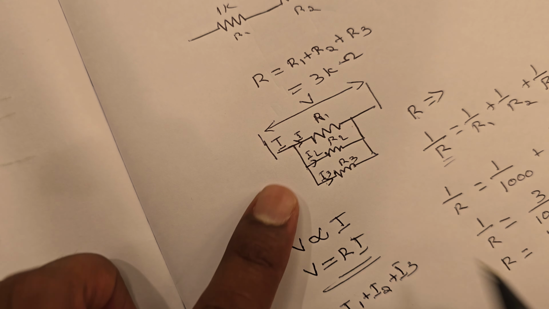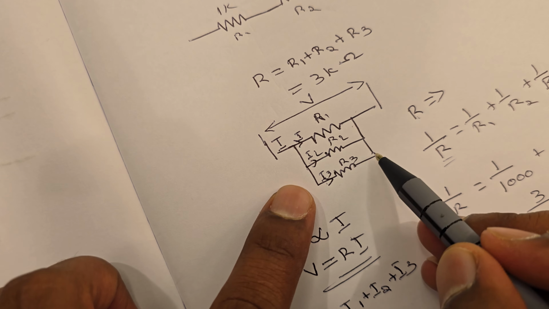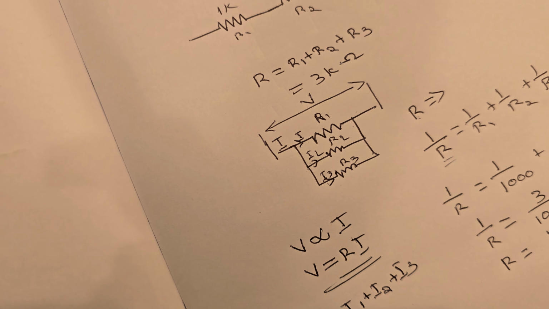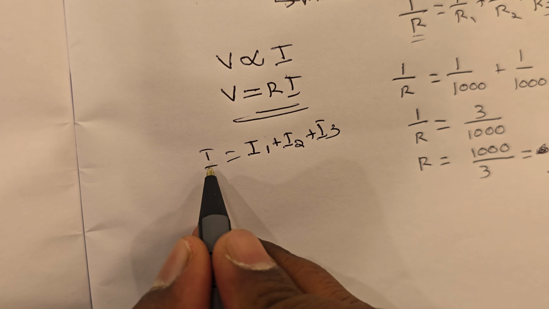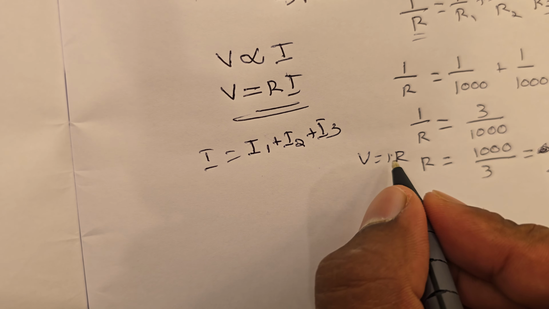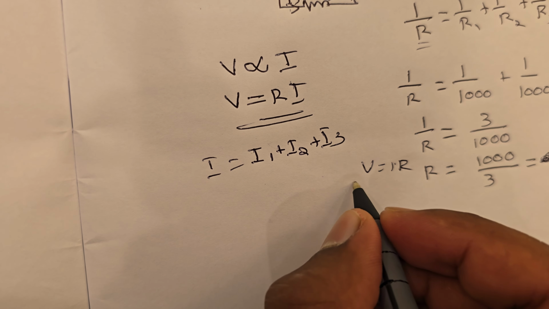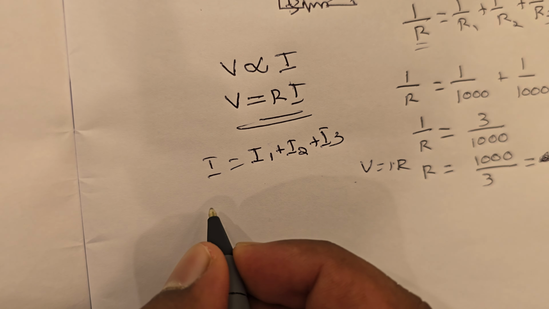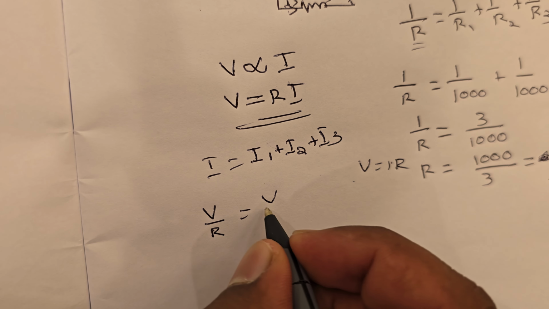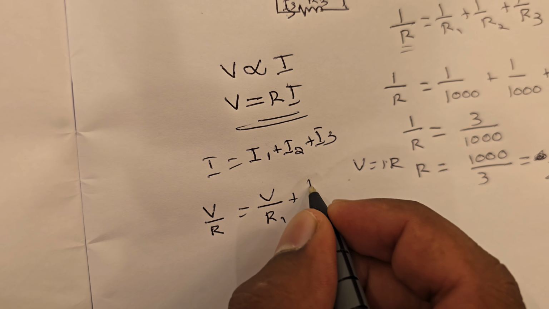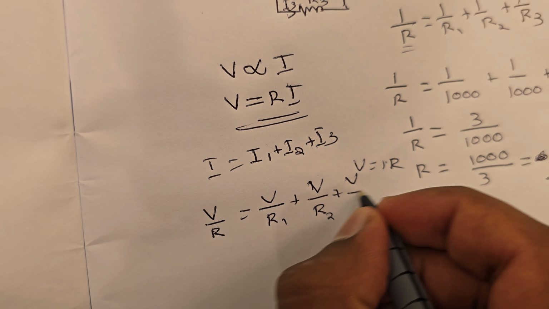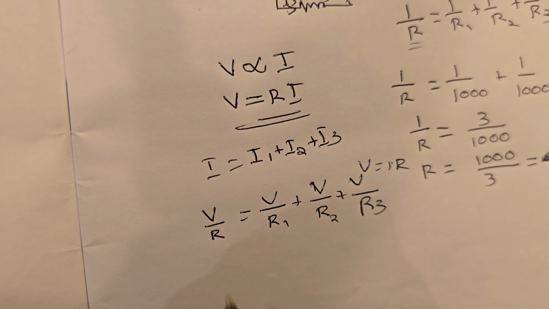But we know the voltage across each resistor is the same. From Ohm's law, V is equal to I R, which means I is equal to V divided by R. So I1 is equal to V divided by R1, I2 is equal to V divided by R2, and I3 is equal to V divided by R3.